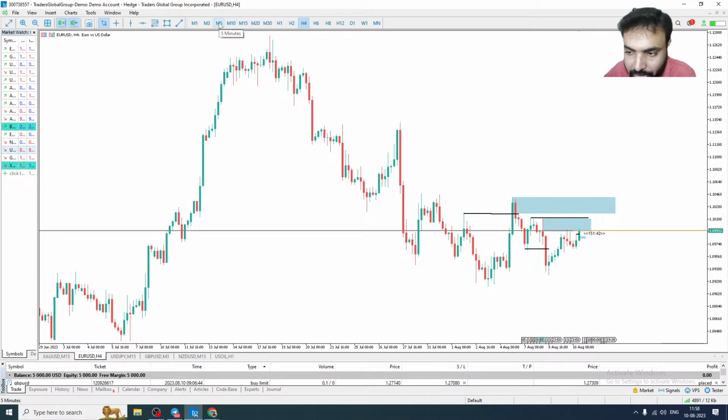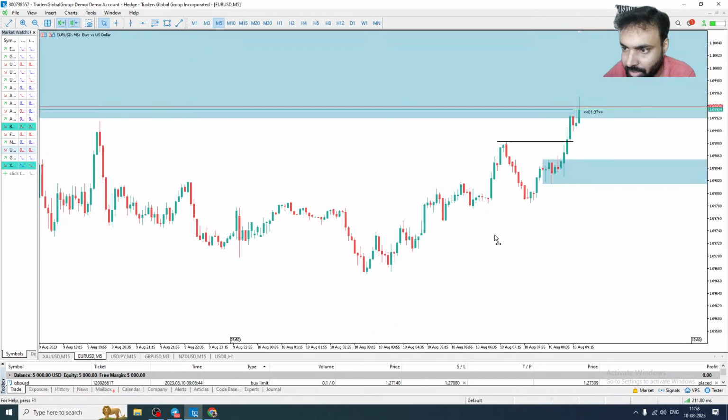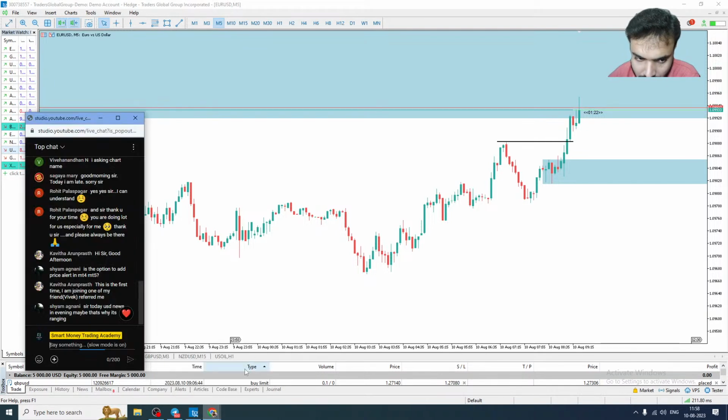Let's see the inside price action in this level, how price action reacts from this level. Yeah, that might be the reason, because before the news, if in the evening you have high impact news, the daytime can be ranging.